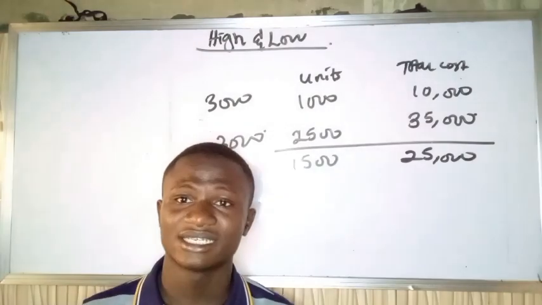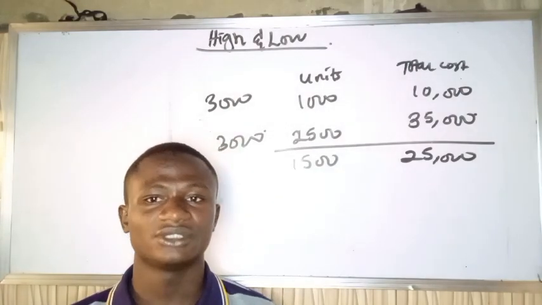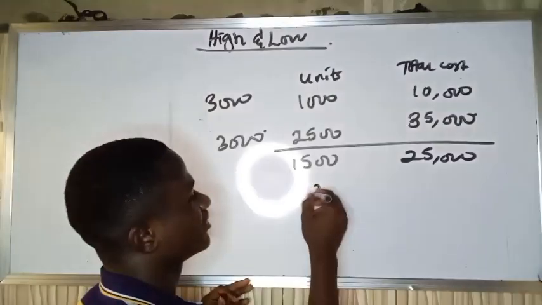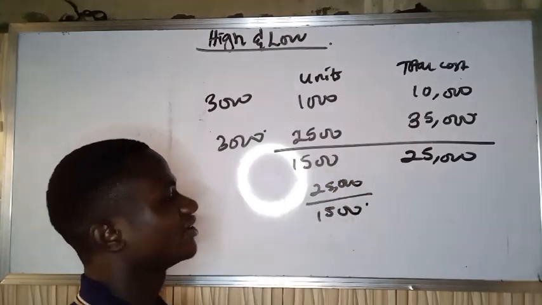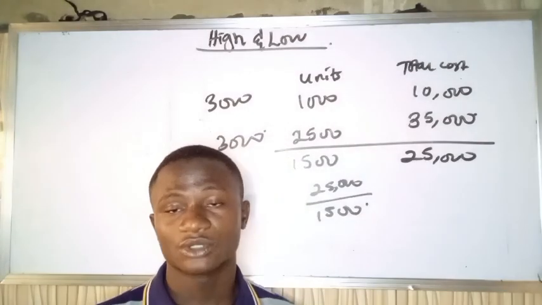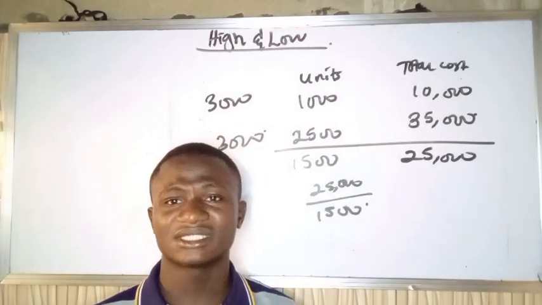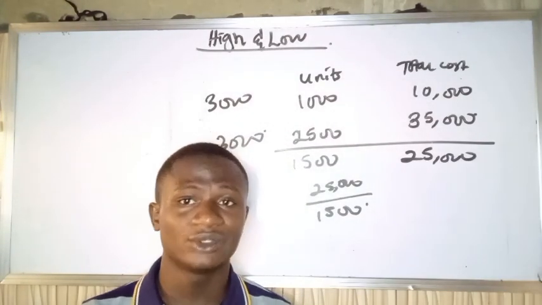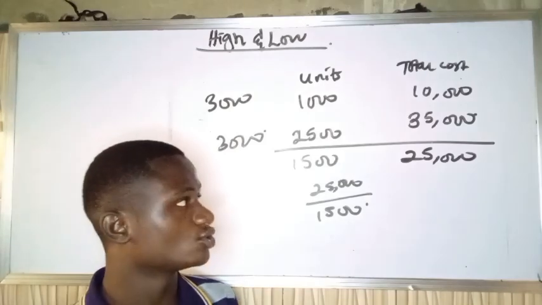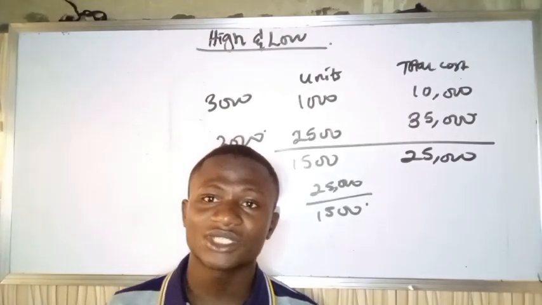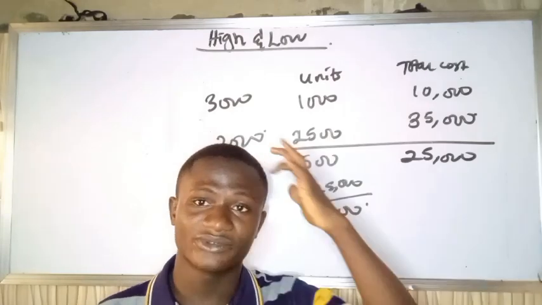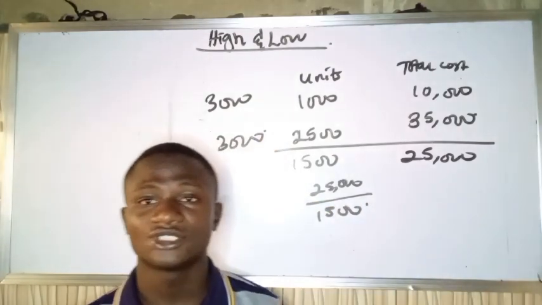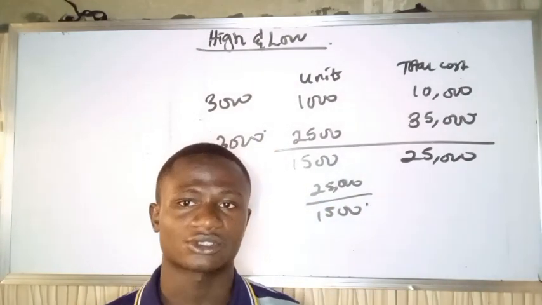So I can get my variable cost per unit by saying 25,000 divided by 1,500, and I'll get my variable cost per unit. So this is the ideology behind the high and low method. What you want to do is subtract your lowest level of activity from your highest level of activity, and you compute your variable cost.